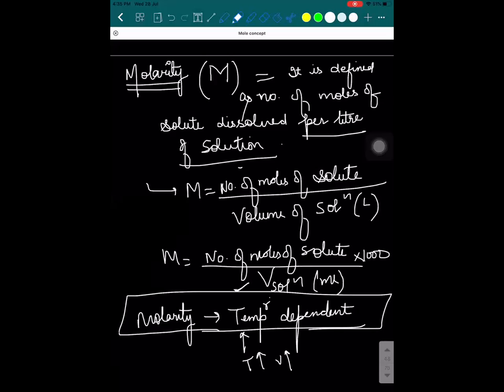If volume increases or decreases, molarity obviously will change, because it is inversely proportional. So it is temperature dependent. Understood? Okay.